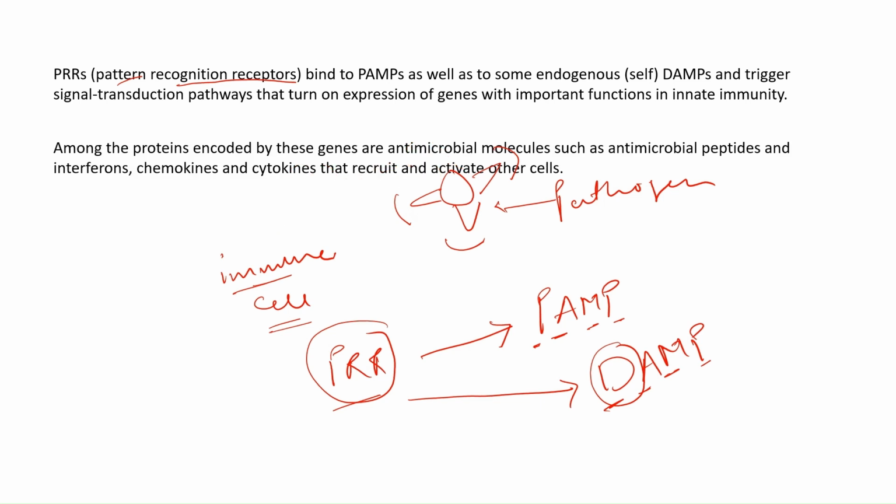Now, once these pattern recognition receptors identify any particular pattern, they will express the genes that are responsible for the secretion of antimicrobial peptides, interferons, chemokines and cytokines that help to kill the pathogens or the damaged cells, as well as help to activate the other cells of our body to clear the body from pathogens or the damaged cells.